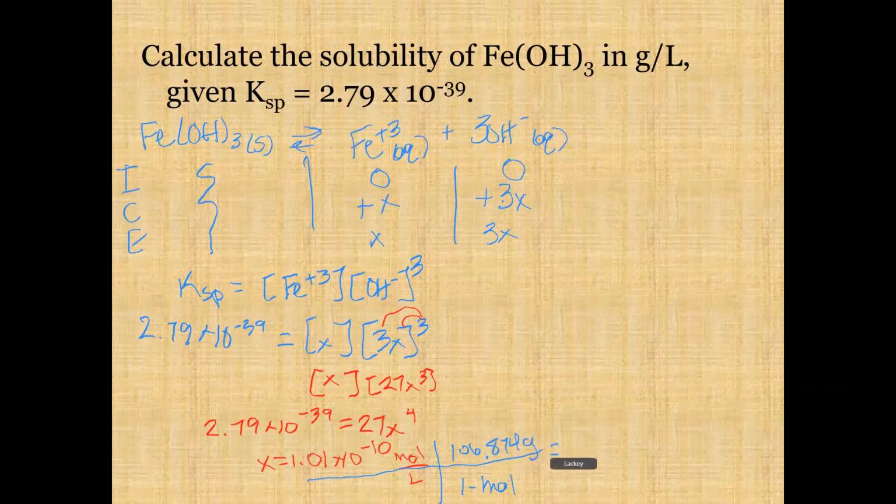So when we multiply that, that's going to give us the solubility of 1.08 times 10 to the negative 8 grams per liter. So that's the solubility instead of the molar solubility. But molar solubility is whenever you find that X factor, just like you would any other problem.